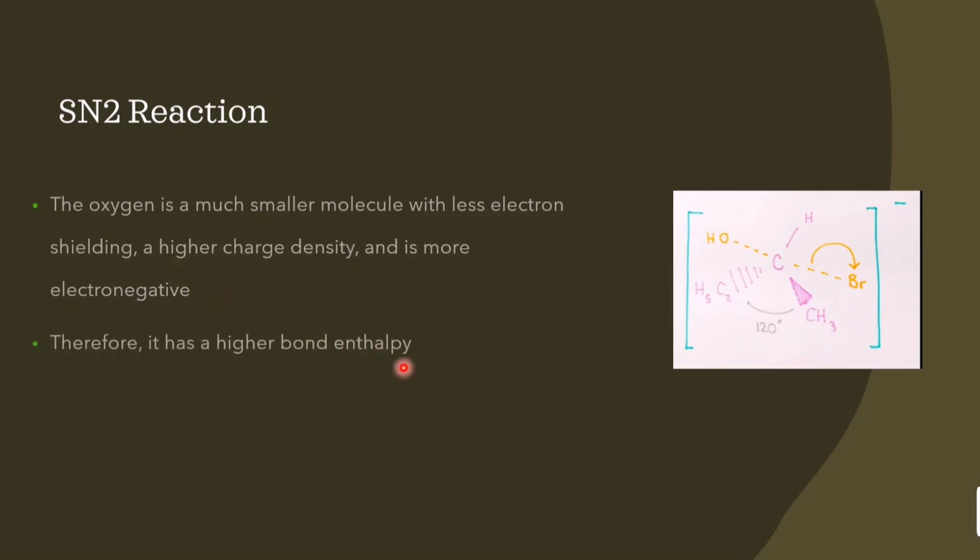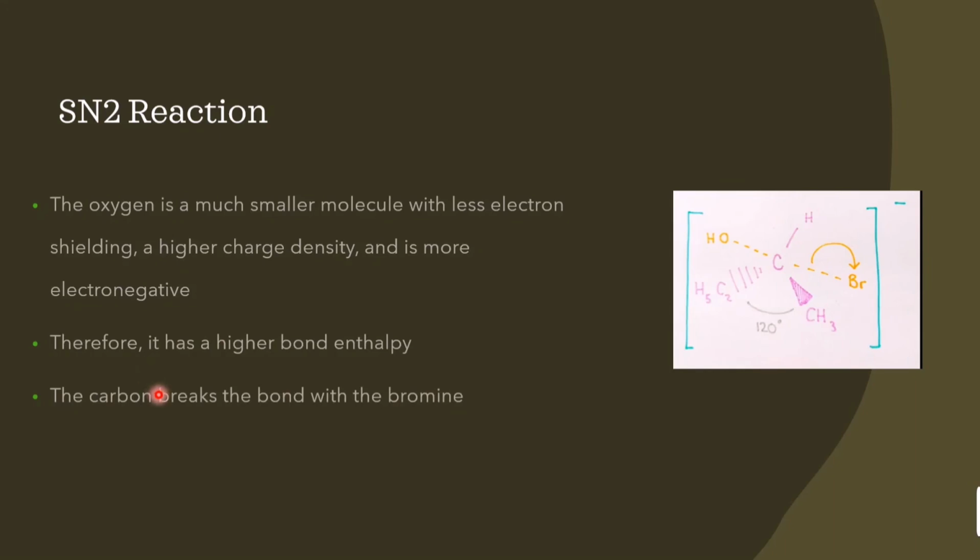So this means that our oxygen and our carbon have a higher bond enthalpy than our carbon and bromine. So this carbon-bromine bond has a lower bond enthalpy than our carbon-oxygen bond, and this is because our oxygen is smaller, it has less electron shielding, a higher charge density, and is more electronegative. So this bond length is shorter, it needs more energy to overcome.